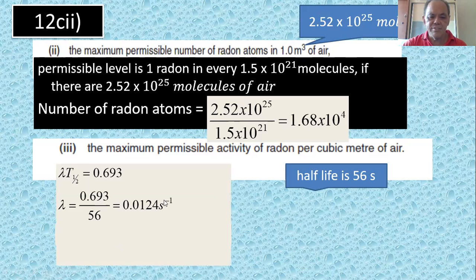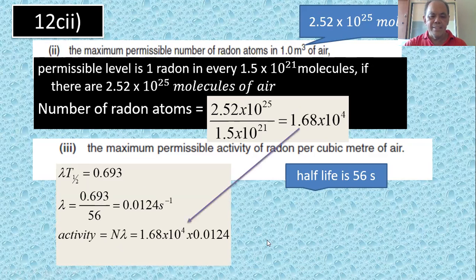It is in seconds, so this will be per second. And the relationship, activity A is n lambda. So n is just that, times your lambda. That's why we get 210 becquerel, or counts per second.